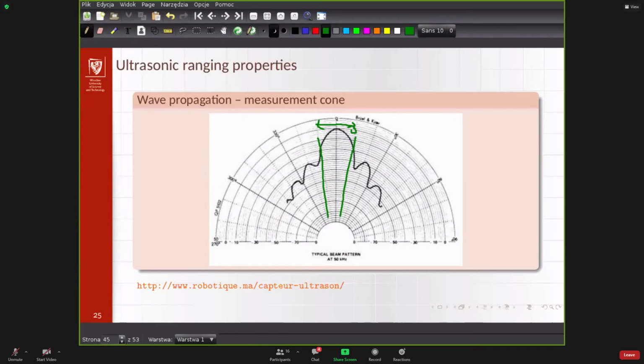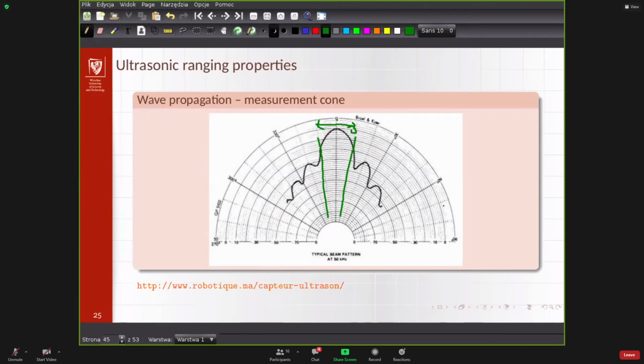If we have a robot with 8 sonars around it, the whole measurement of each sonar in each direction means that you need to wait, in fact, 200, but practically a little bit more, so about 400 milliseconds, so half a second for the full set of measurements before we can start the second one.